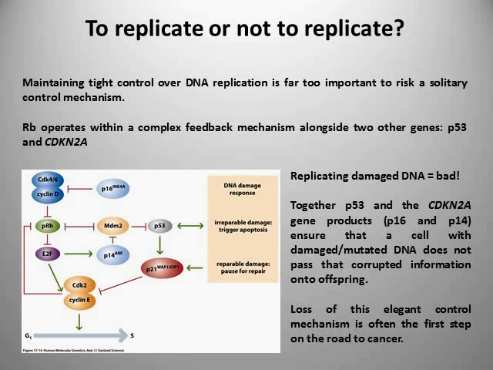The reason P53 wants to do that is it wants to make sure that any damage to the DNA of a cell is repaired before the cell decides to replicate the DNA. The worst thing that can happen to a cell and ultimately to the organism from which the cell belongs is that the cell replicates damaged DNA, because that's how you effectively establish and pass on mutations, which can ultimately lead to disease.